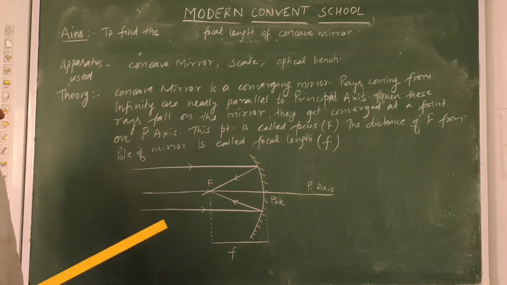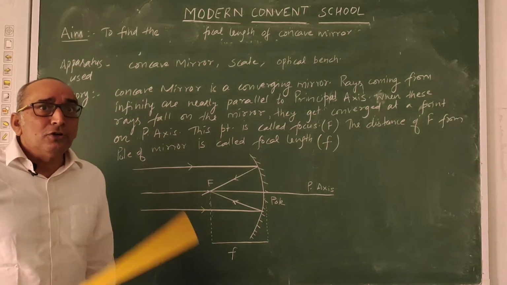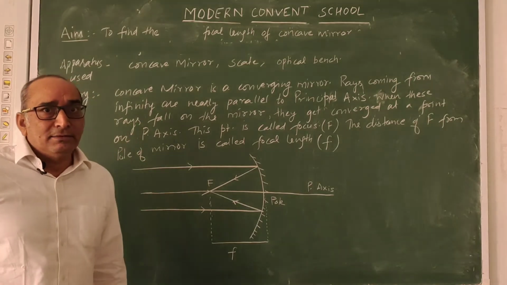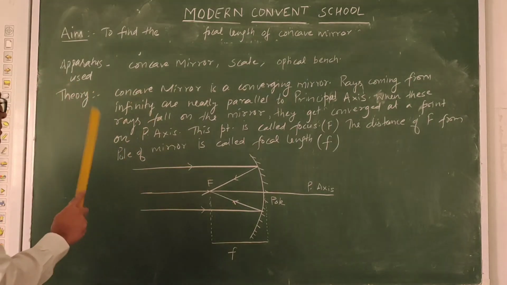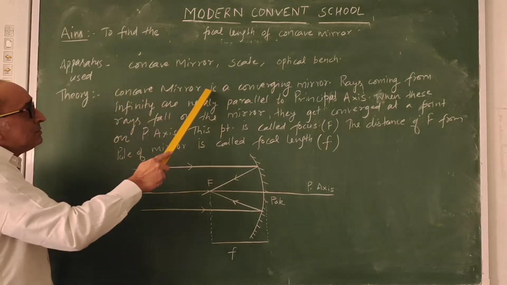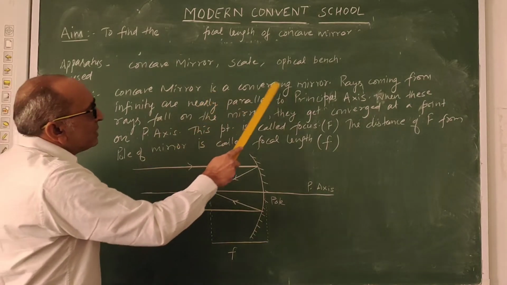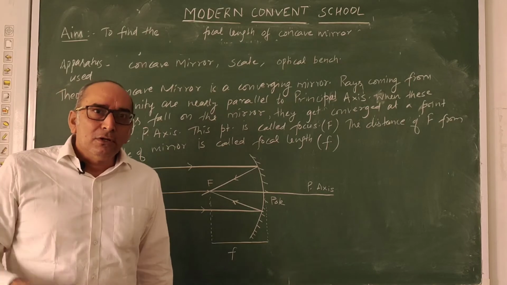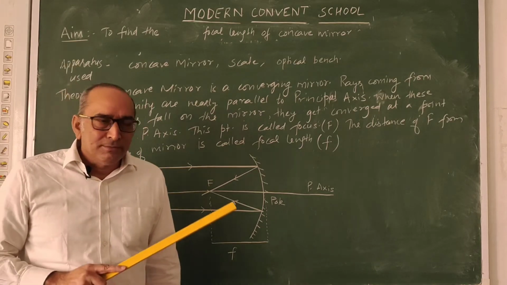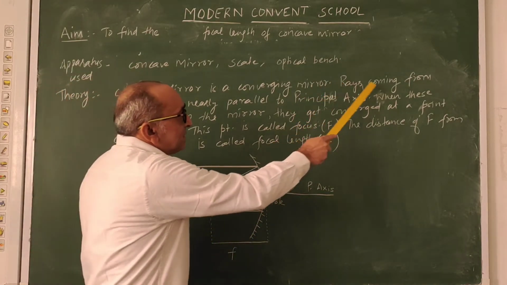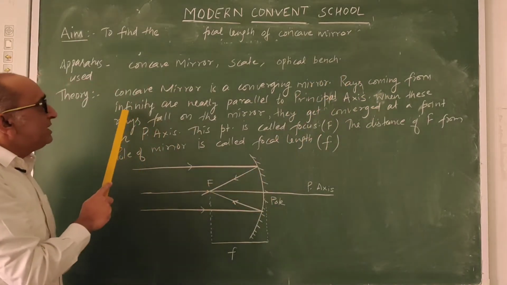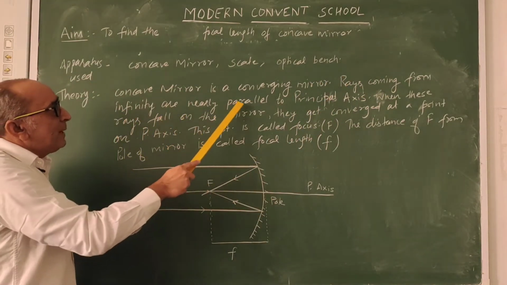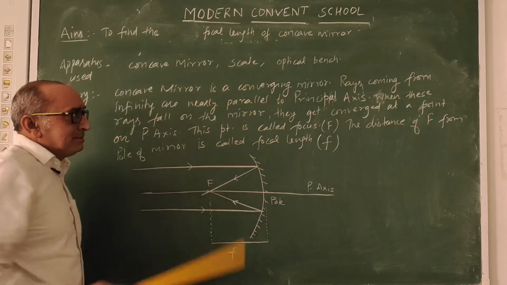For finding the focal length, we should first know what focal length is. A concave mirror, as you know, is a converging mirror. Converging means it converges all light at a point. Rays coming from infinity are nearly parallel to the principal axis.